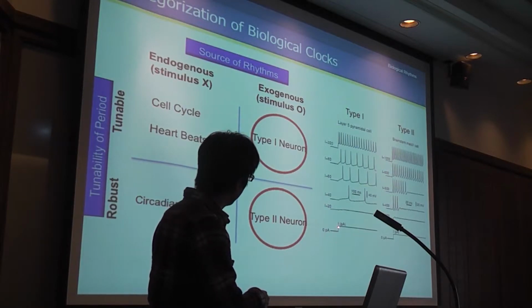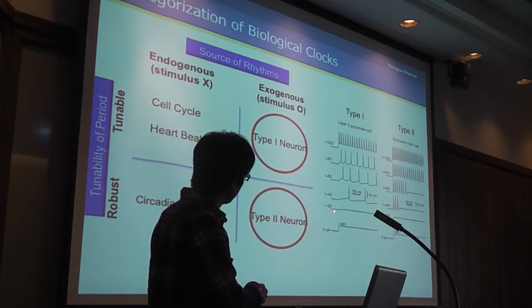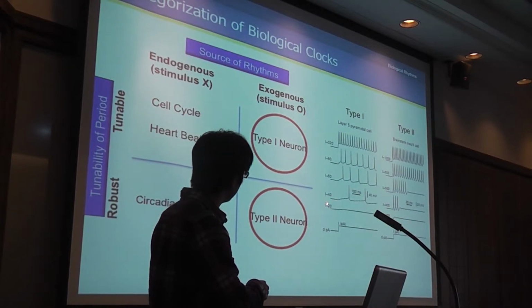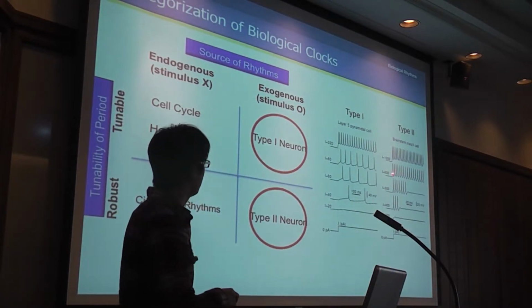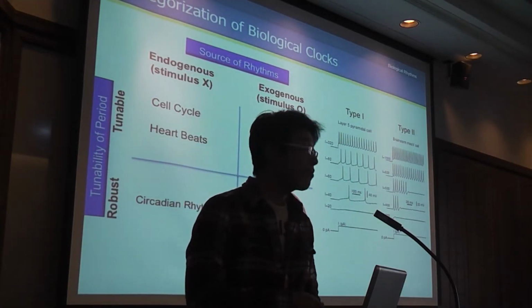But when we apply some external current, if the external current is too small, then this neuron doesn't show any oscillation. But if the strength of the stimulus is strong enough, then it begins generating this rhythm. So that's why these neurons are called exogenous rhythm.